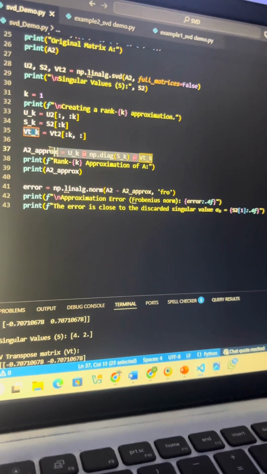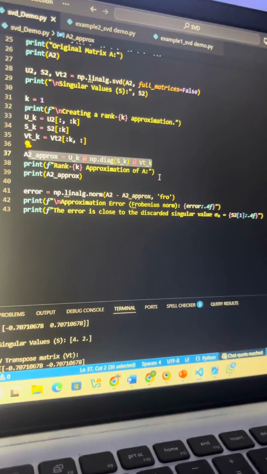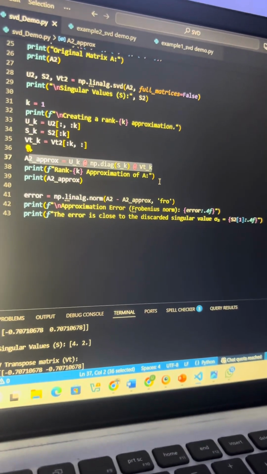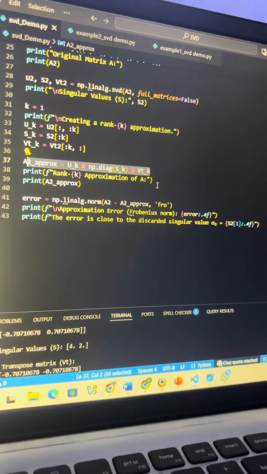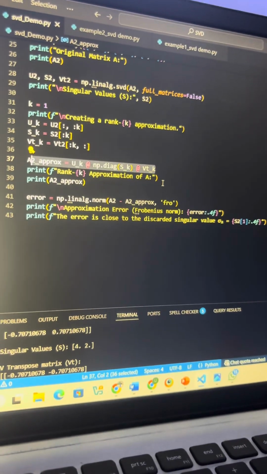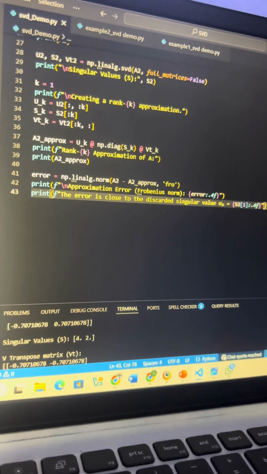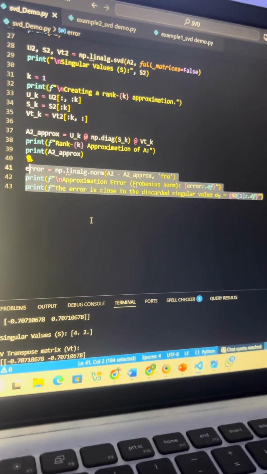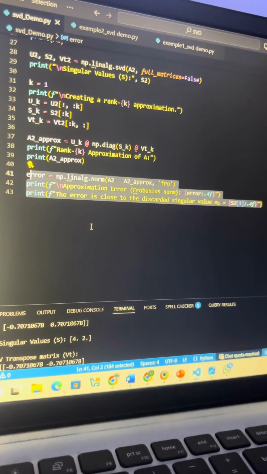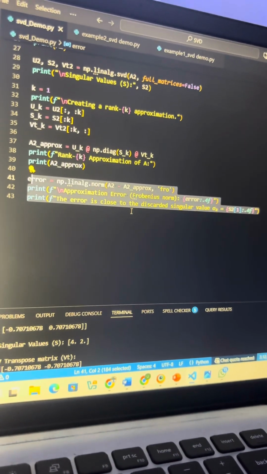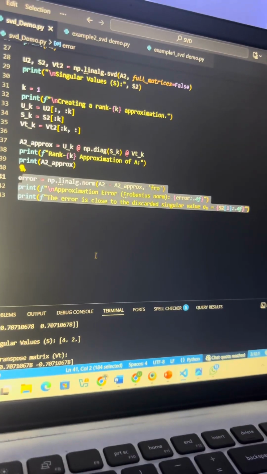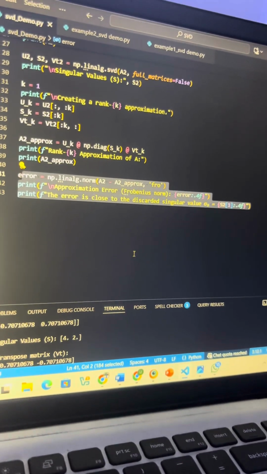And this code rebuilds the matrix using only these pieces. This is our simplified, compressed version. And this code measures how much we lost by throwing away the small singular value. The error should be about the same size as the value we discarded.